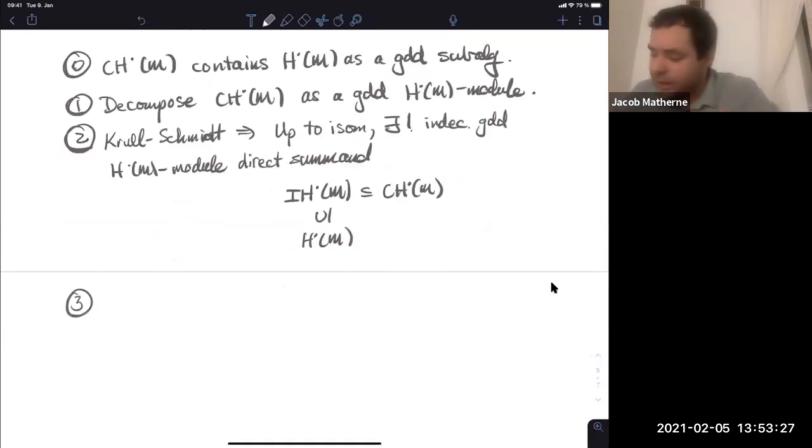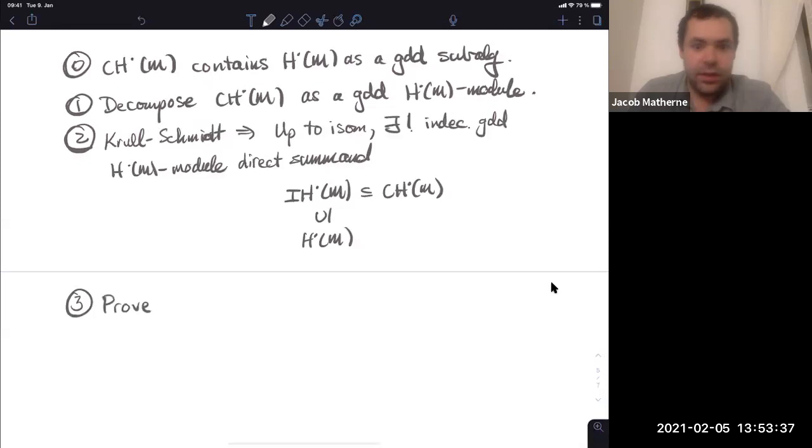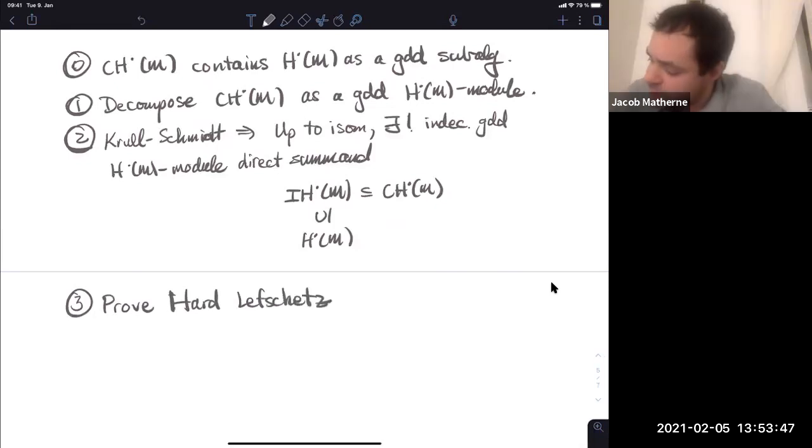So now that we have this intersection cohomology of a matroid, defined as some direct summand in this decomposition, all of these steps take quite a bit of work, but I'm just saying what we have to do to make this commutative diagram work, right? So we prove the Hard Lefschetz theorem for this intersection cohomology module. And then we use the same commutative diagram as before.